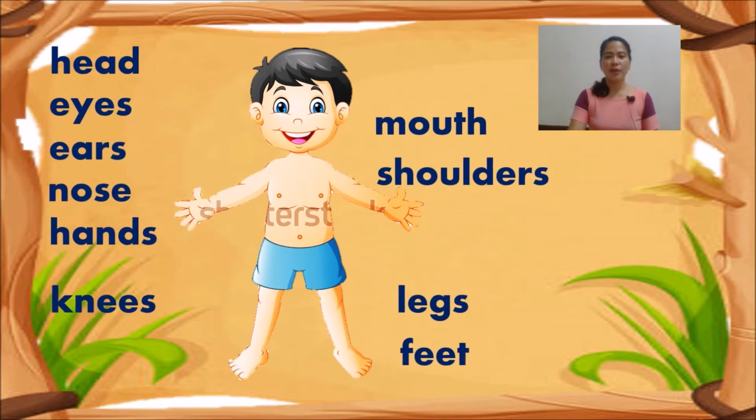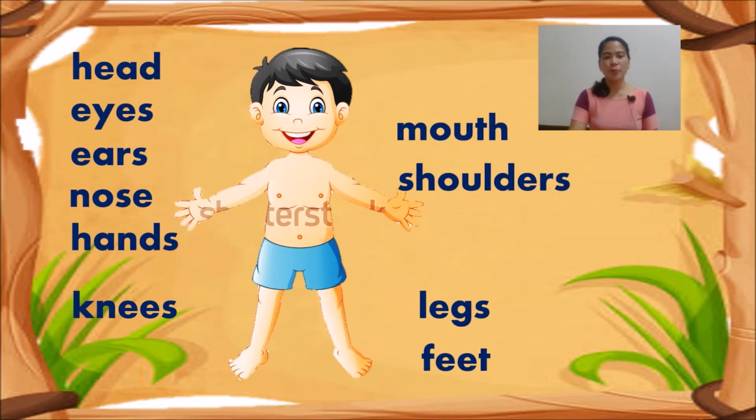We will try to point where those parts are. Are you ready? So let's start with our head. Where is the head? Can you point it out? You got it. So the head is here.